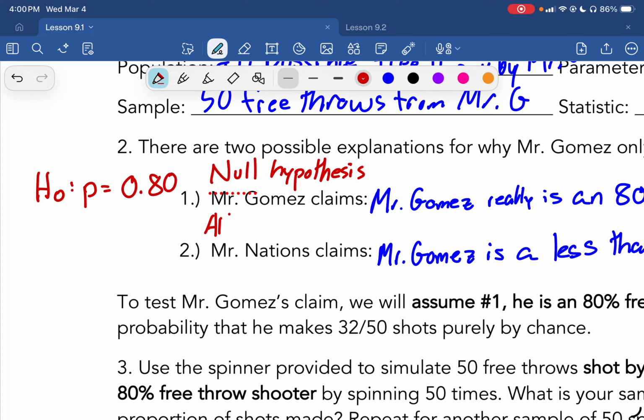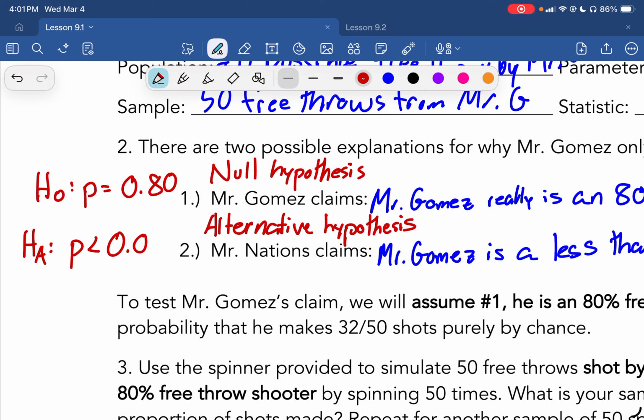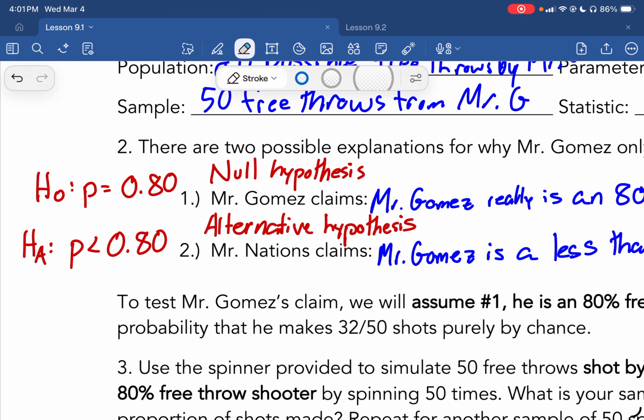The second claim is our alternative hypothesis. We abbreviate in this specific scenario H A, p is less than 0.80. This is the other claim, right? Our alternative hypothesis is the other claim.